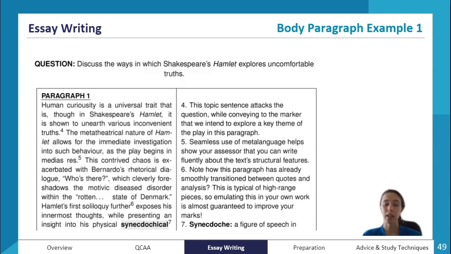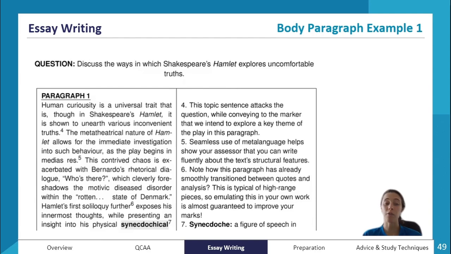"This contrived chaos is exacerbated with Bernardo's rhetorical dialogue, 'Who's there?', which cleverly foreshadows the motivic diseased disorder within the rotten state of Denmark." So we're not only providing some evidence, we're also looking at the actual strategies that have been used.